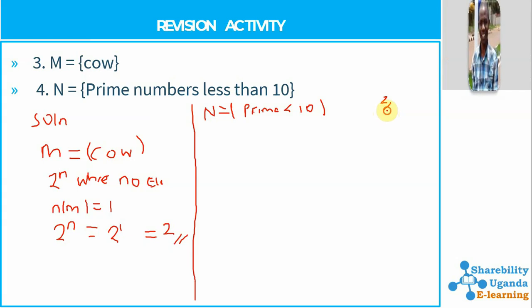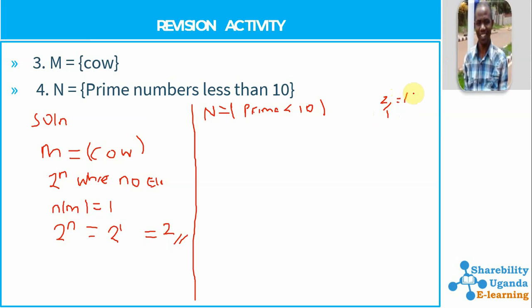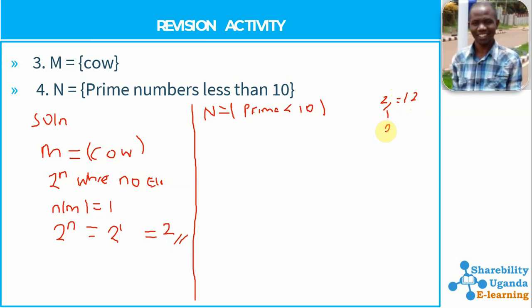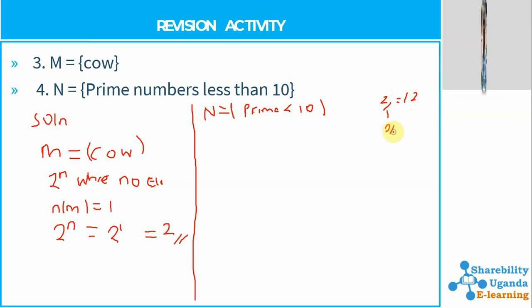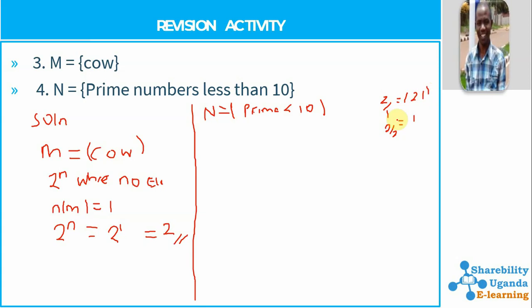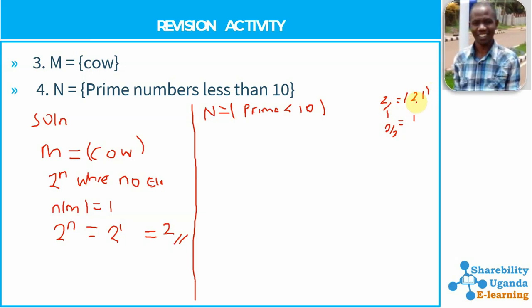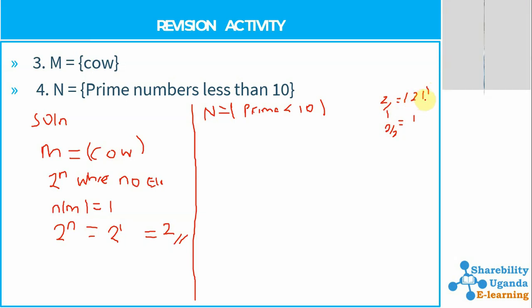When we divide 2 by 1, our answer is 2. Also, when we divide 2 by 2, we get 1. So here we can see the factors of our number 2: 2 and 1.